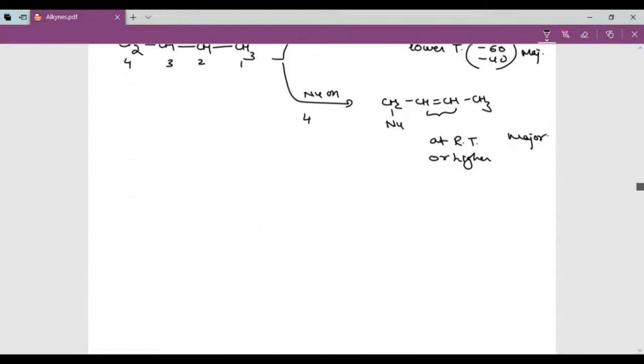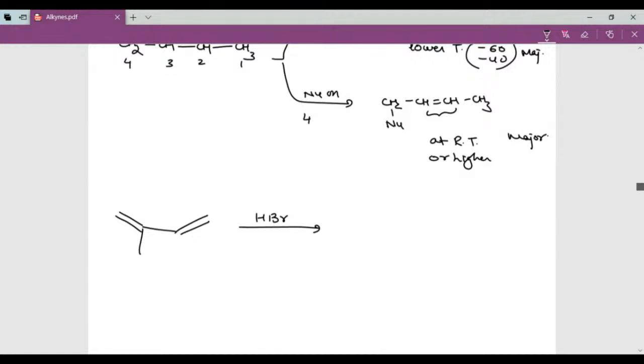A question in your brain may come that you have taken an unsubstituted type of diene. What if my diene is substituted like this? And now I am asked for HNu to attack. And just to have practice, I would suggest that instead of HNu, I give you addition of HBr.